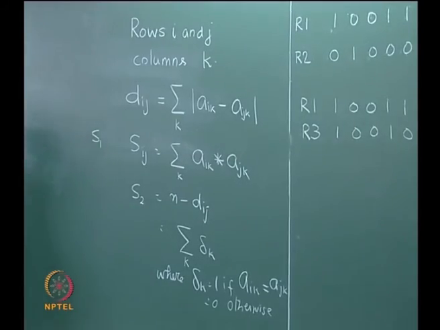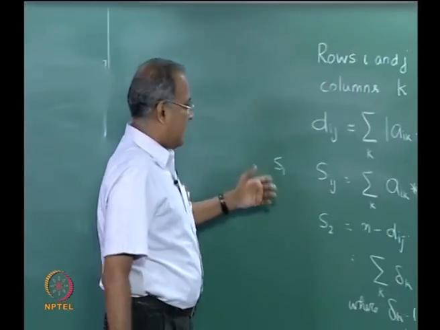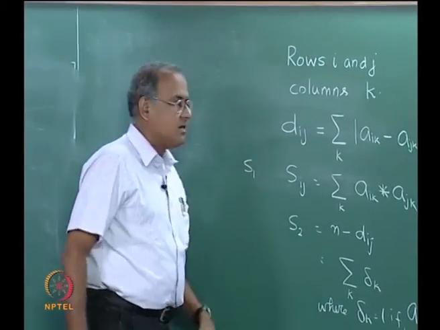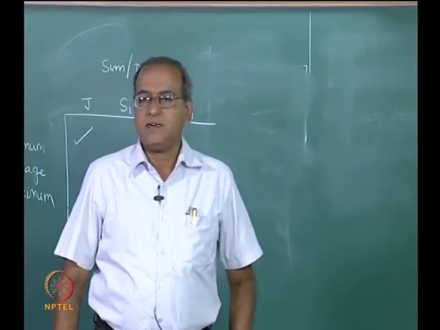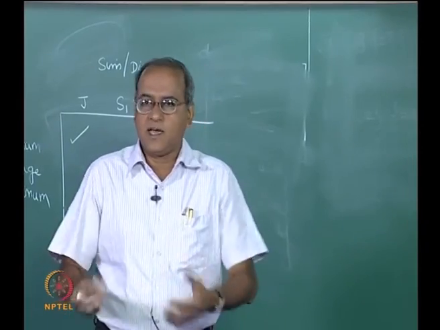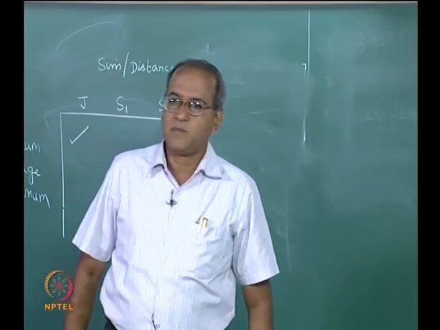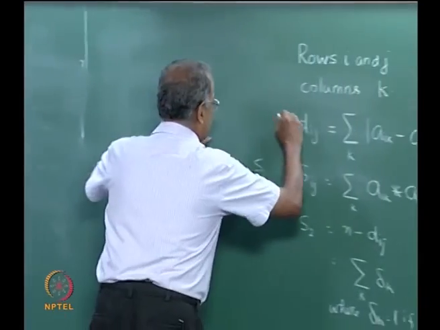So, we could say that given any similarity or dissimilarity matrix, using consistently either S1 or S2 or Jaccard's or D, where D is a dissimilarity matrix or a distance matrix, one can perform cluster analysis. So, from now on let us assume that we will use this d_ij.